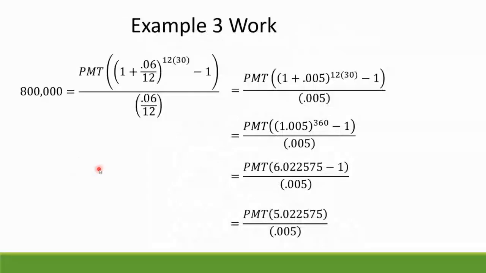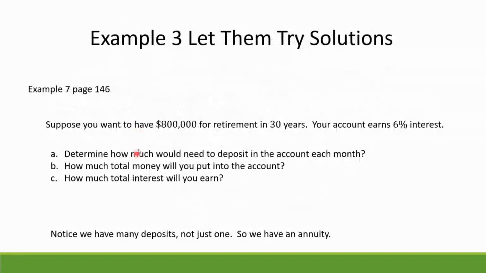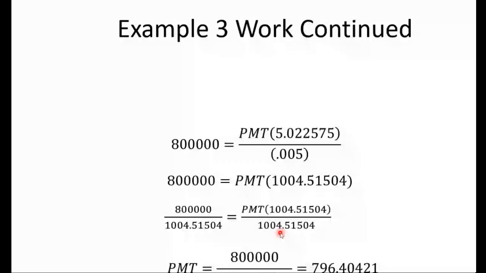Remember, part B. Here it is. We want to know how much money in total will we put into the account? Well, it's just like before. How much are we contributing over the course of 30 years in total? That's going to come from our monthly deposits.